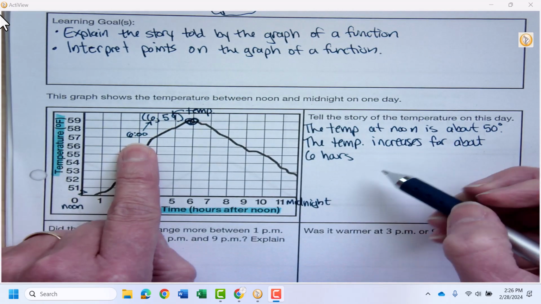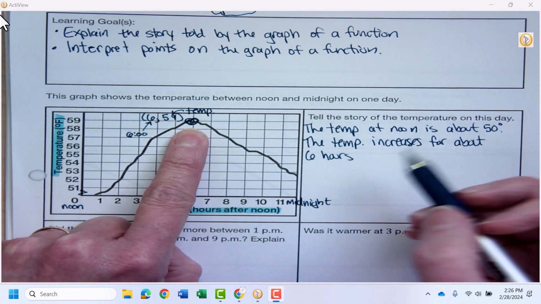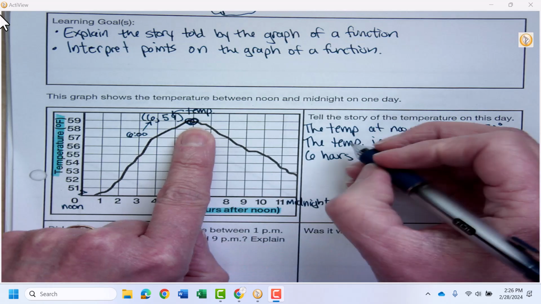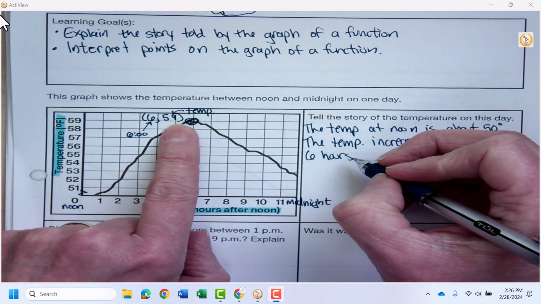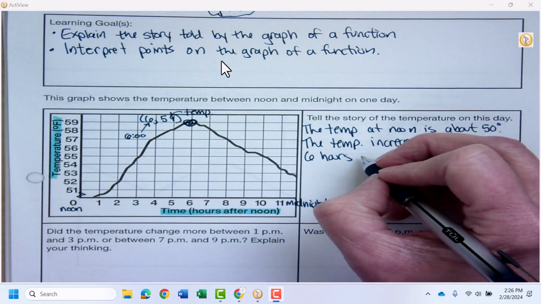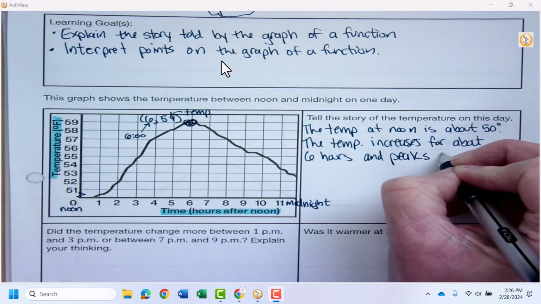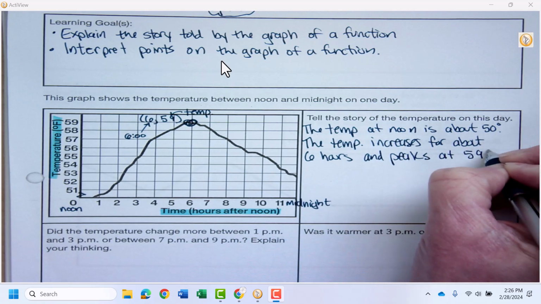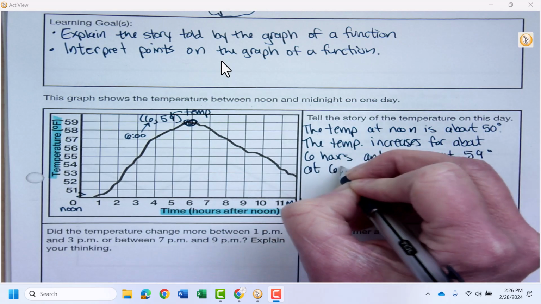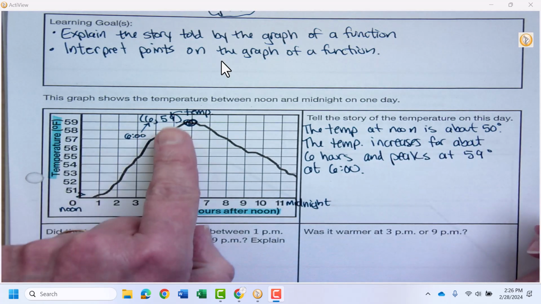So to continue my story, I'm going to talk about that peak temperature. So the temperature increases for about 6 hours and peaks at 59 degrees at 6 o'clock. And let's go ahead and finish by what happens after that.